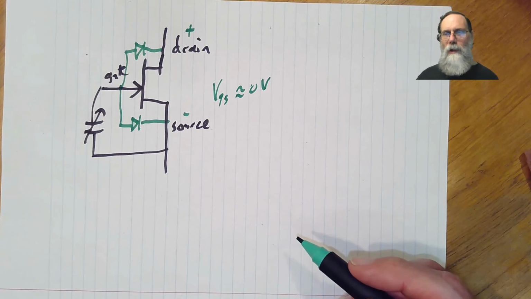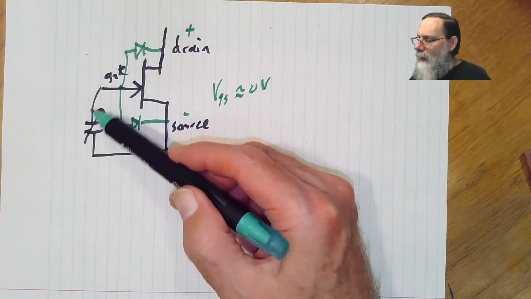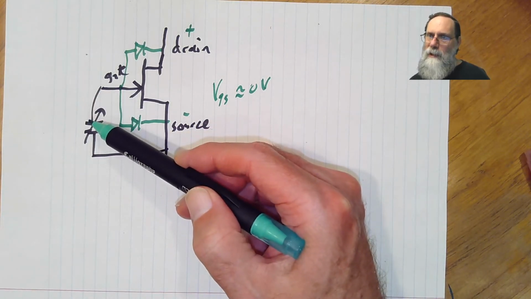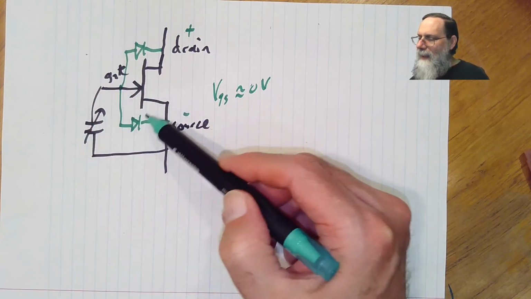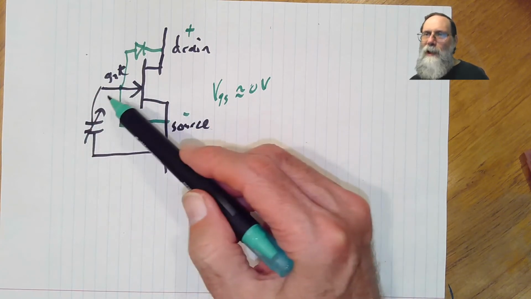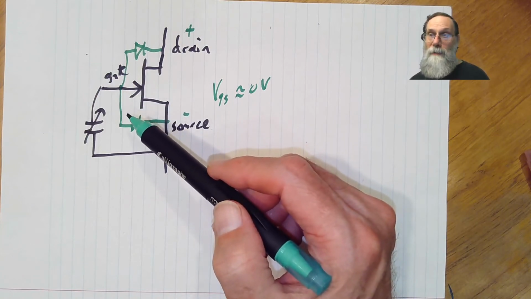Now, those leakage currents around 0 volts, we do have a depletion region there, so it's a very, very high impedance. We're looking at gigaohms. So if we fluctuate the voltage here on the capacitor, the time constant for this capacitance and this very small leakage is a very large time constant.